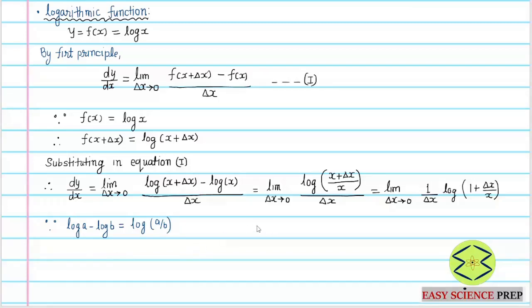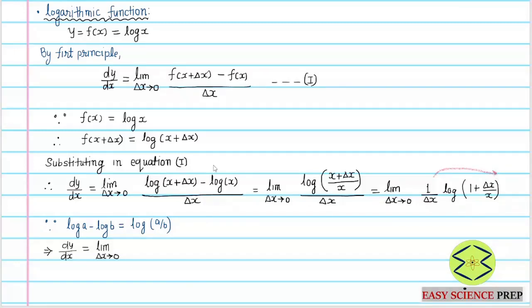So we can continue from there itself. Therefore dy over dx equals limit delta x tends to 0, and this 1 over delta x can be taken into the exponent. So you can take this whole thing into the exponent.